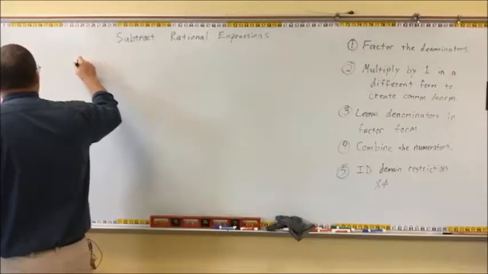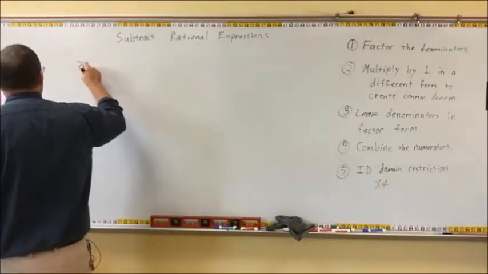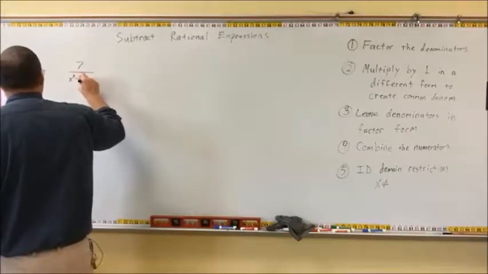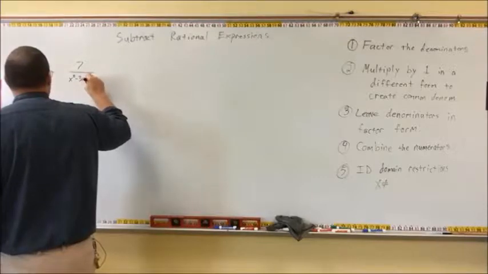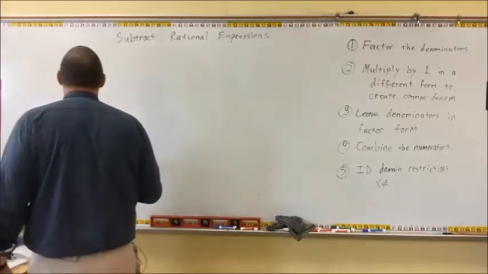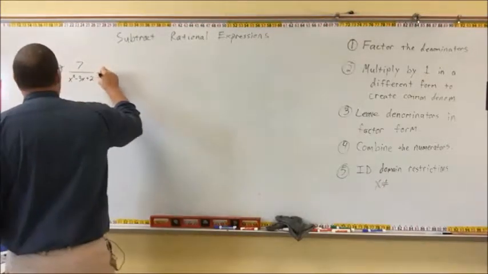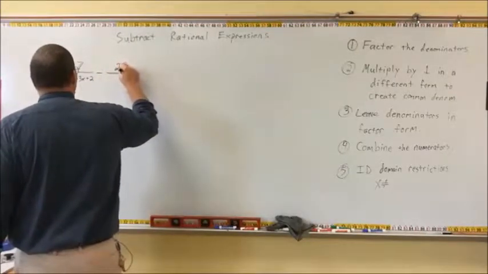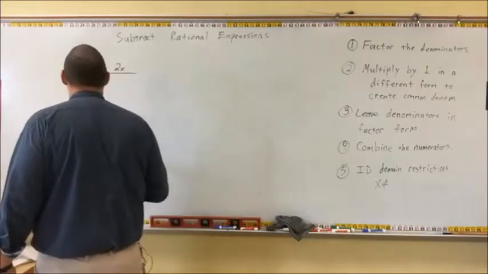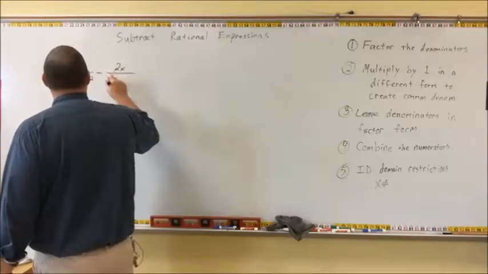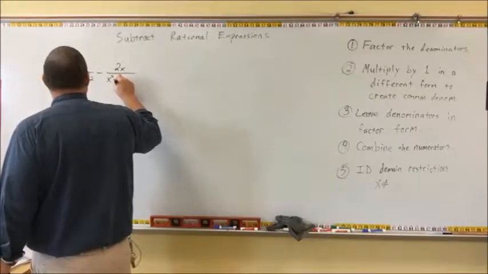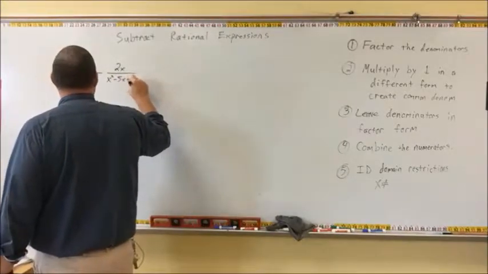Let's say that I have 7 over x squared minus 3x plus 2, minus 2x over x squared minus 5x plus 6.